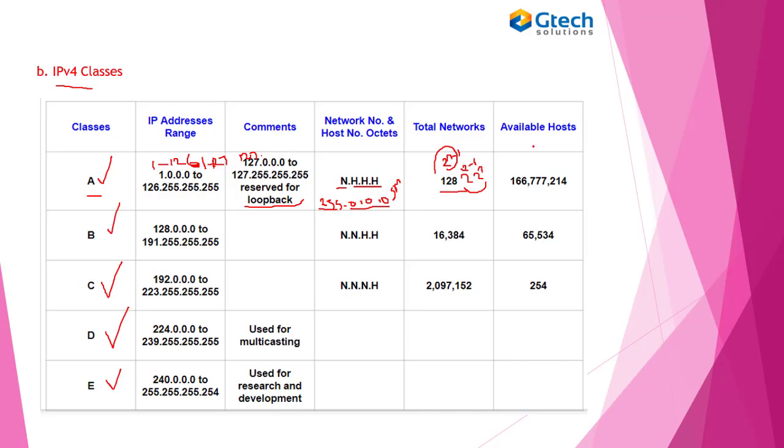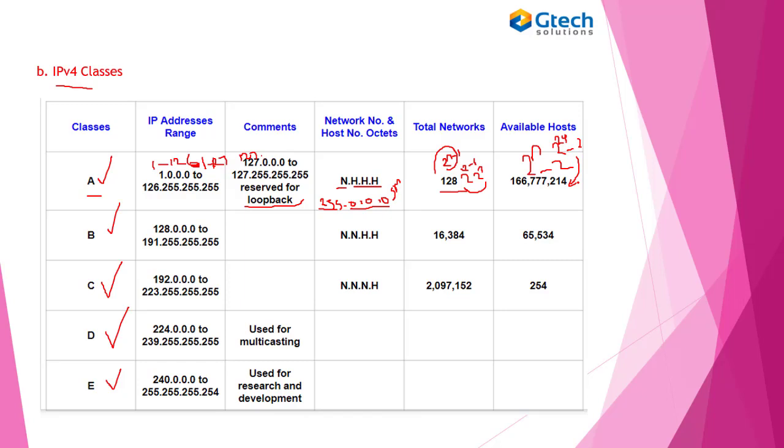Okay, so available hosts, we use the same formula: 2^n now minus 2, where n represents the host bits. The host bits here are 3 octets times 8 bits, 24, which is 2 raised to 24 minus 2, bringing this one.